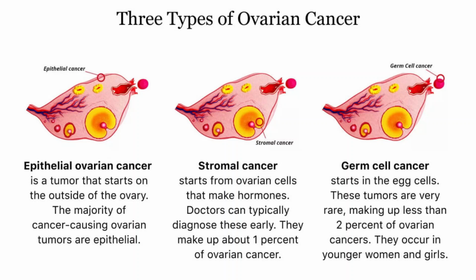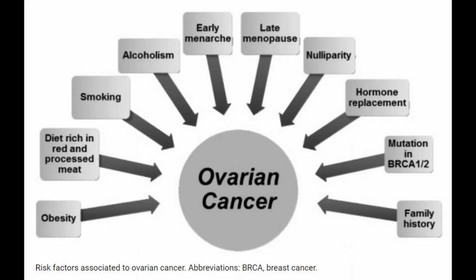Okay. Now let me tell you the risk factors. Well, factors that can increase your risk of ovarian cancer include older age. The risk of ovarian cancer increases as you age. It is most often diagnosed in older adults. Then there are inherited gene changes. A small percentage of ovarian cancers are caused by gene changes you inherit from your parents. The genes that increase the risk of ovarian cancer include BRCA1 and BRCA2.